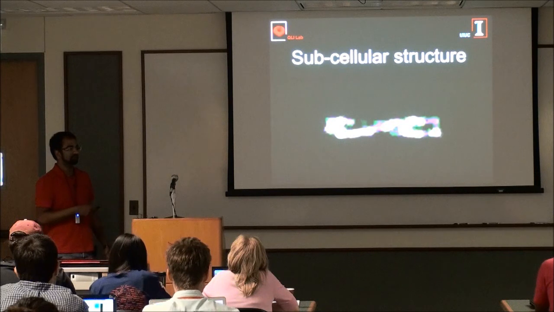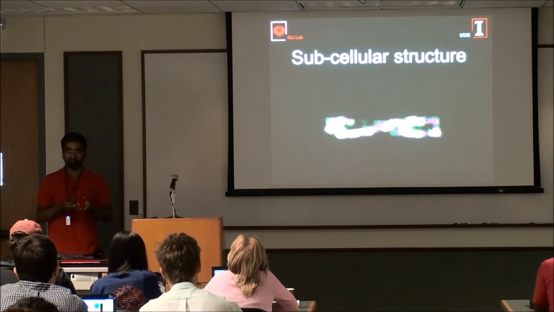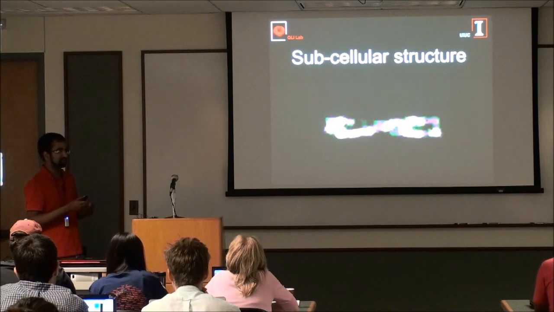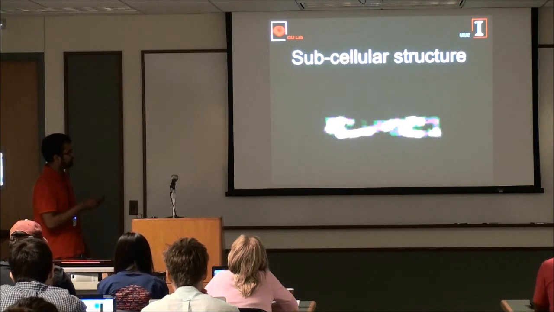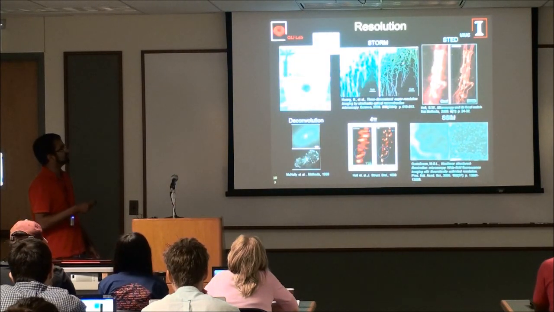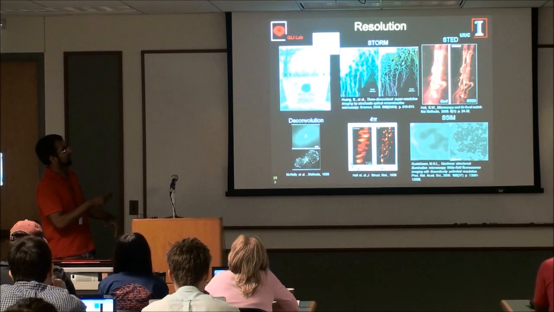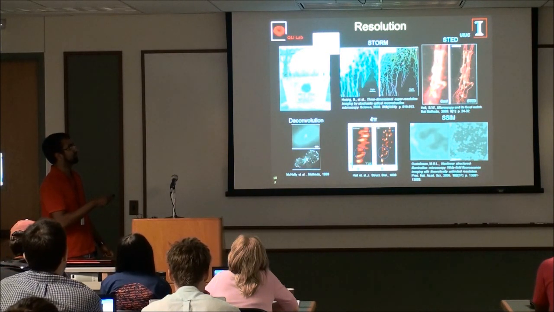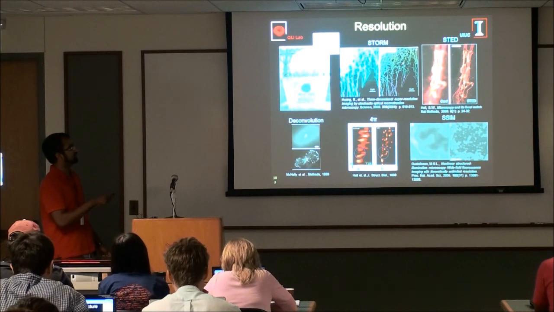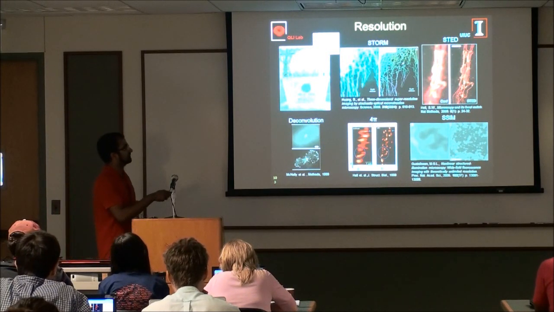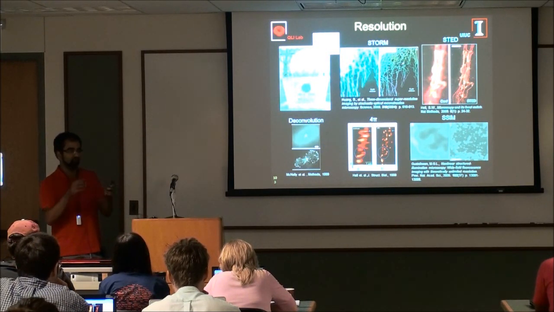But often the problem is that these structures of interest are below our diffraction limited resolution. And so we have all sorts of techniques that claim to go around Abbe's diffraction limit, or claim to beat it, but actually they go around it by localizing fluorophores.